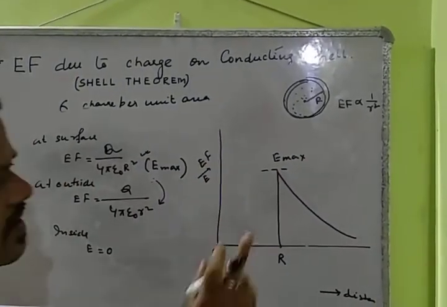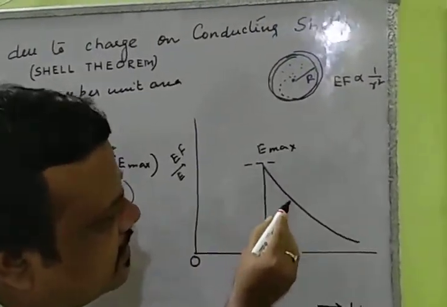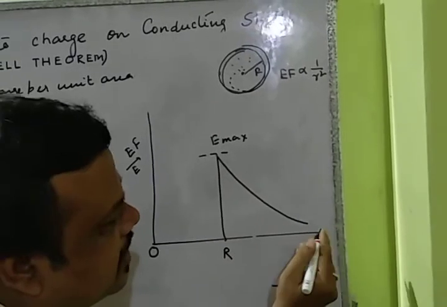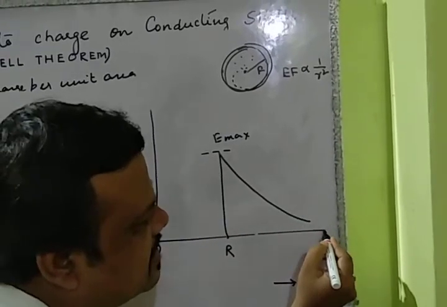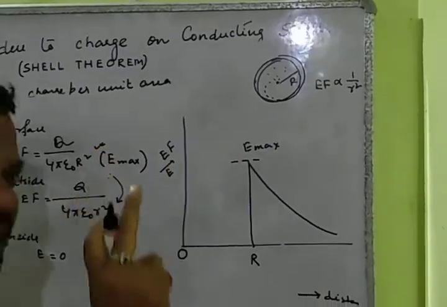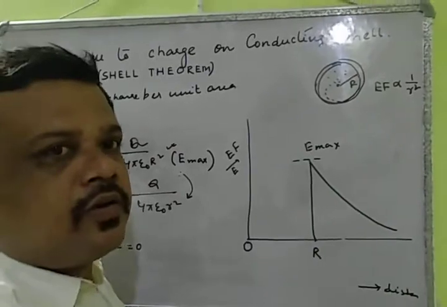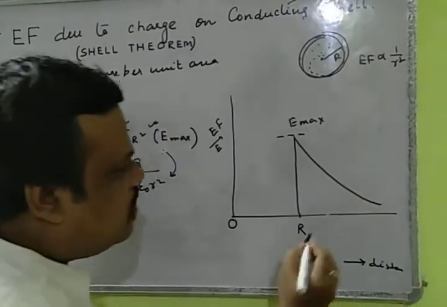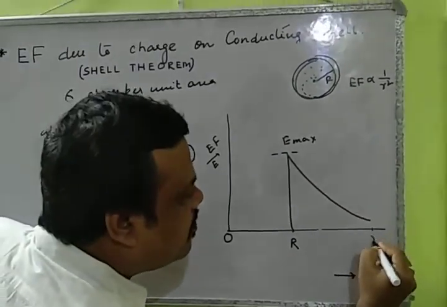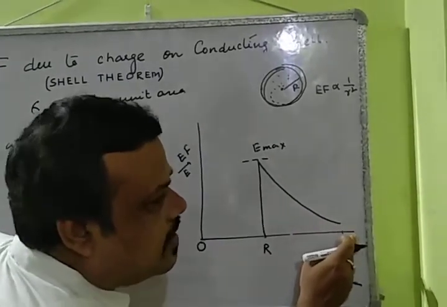But be cautious, don't join this decrease of the electric field along this line. If you joined it along this line, it would indicate the electric field equal to 0. Except inside the shell, the electric field cannot be 0 anywhere. Only inside it is 0. This line will never ever touch the horizontal axis.